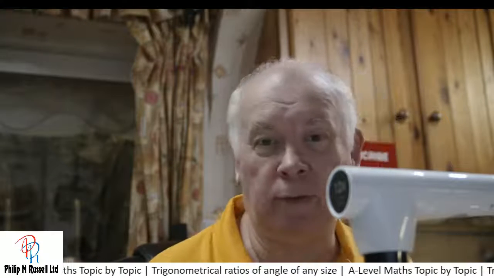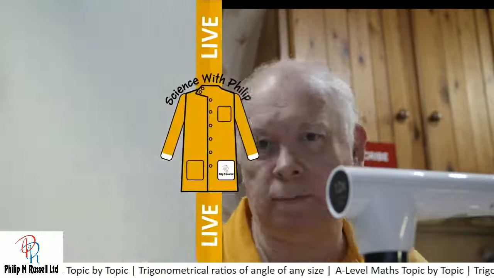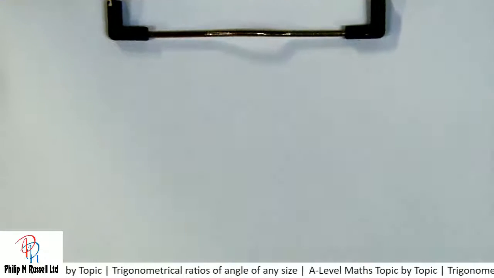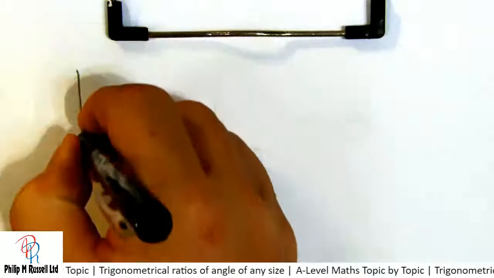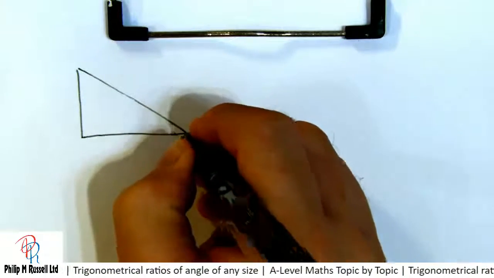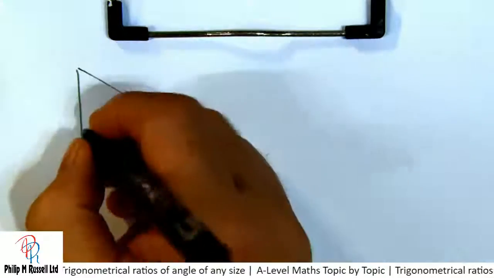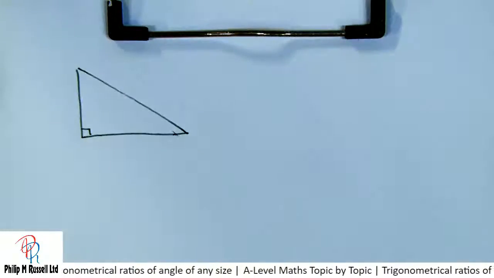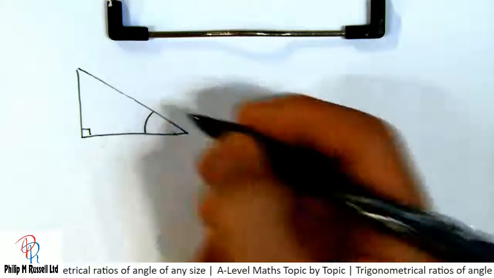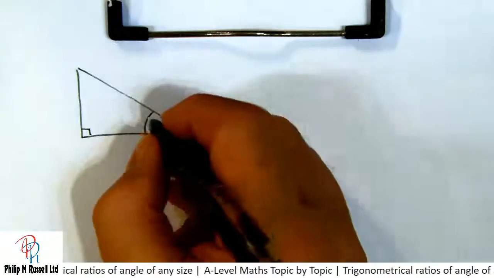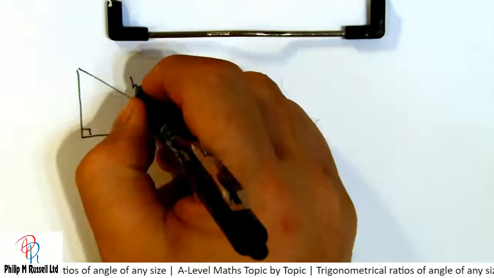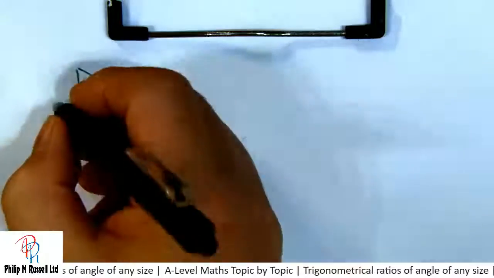So let's go back and have a look at our standard trig ratios. We learn that if we've got a triangle that we've got here, and it's going to be a right angle triangle because we're going to be trying to play with some trig, that if this is going to be our angle we want to find, and we'll call it x for argument's sake, then this side we label as the hypotenuse.